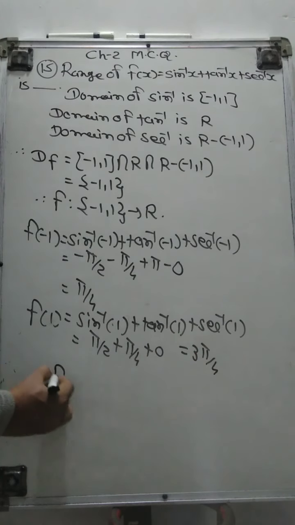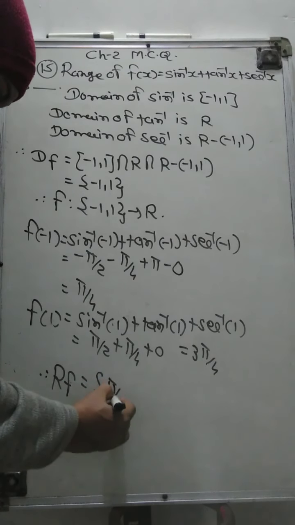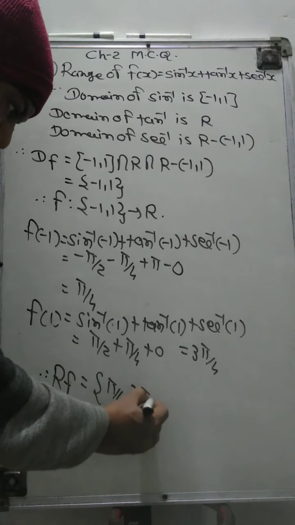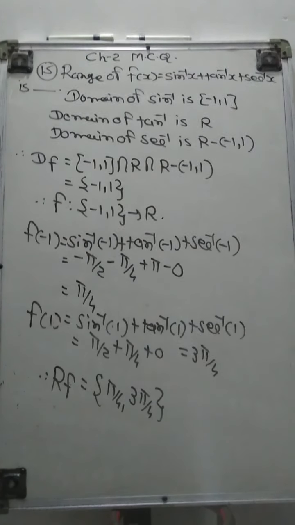Therefore, range of f is equal to {pi by 4, 3 pi by 4}. Only two elements can be obtained here, and this is the range of the given function. Okay, now we go for the next one.